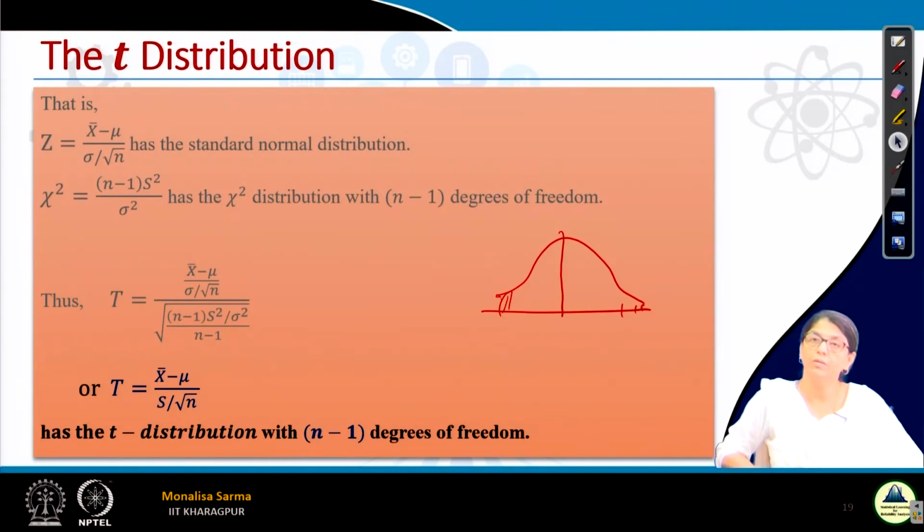And one more thing: when my sample size is big, this difference does not matter. Whether I am taking s square or sigma square, the difference doesn't have much impact, and that's why for a greater sample size, instead of the t distribution, I can very well use the normal distribution. The result will not be unreliable; it will be with good precision. Instead of the t distribution, I can very well use the normal distribution for a bigger sample size.